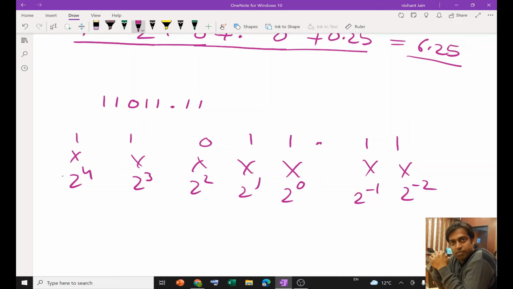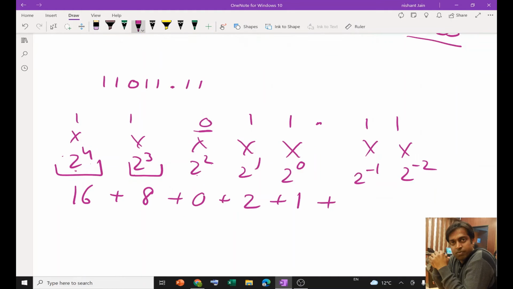For this, I get 1 into 2 power 4; 2 power 4 is 16, so I get 16, plus 2 power 3, which is 8, so 8, plus 2 power 2 is 4, but multiplying it with 0 I get 0, plus 2 power 1 is 2, so I get 2, plus 2 power 0 is 1, so I get 1, plus 1 into 2 raised to the power minus 1.